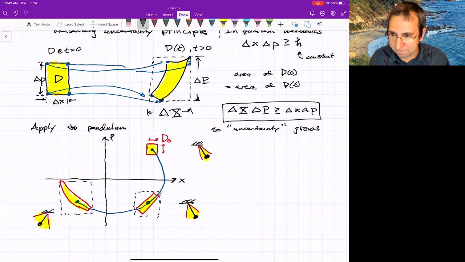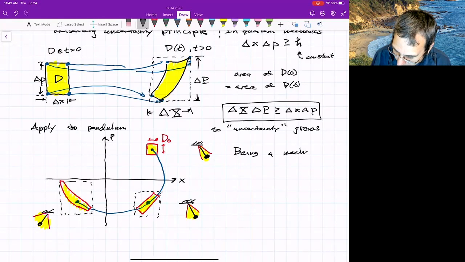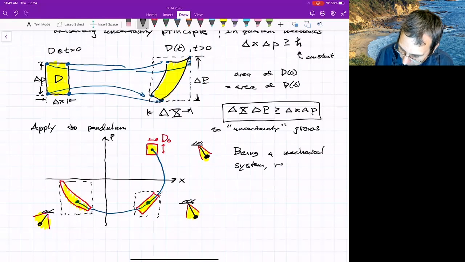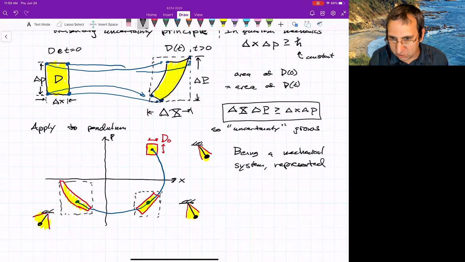So being a mechanical system, and a Hamiltonian system, puts constraints on how uncertainty evolves. That's kind of the main point here. And you wouldn't get it as nice if you just use the original Lagrangian variables in general. You need to cast your system in the Hamiltonian formalism to really do this carefully.